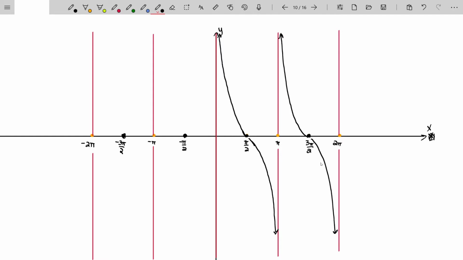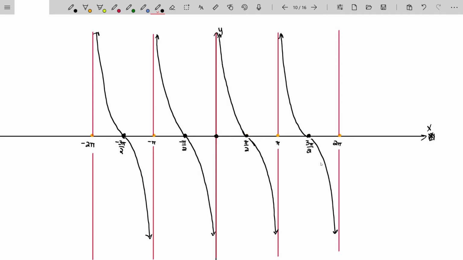And again, it is an odd function, so if you stuck a pin right here and rotated 180 degrees, you'd get the same picture back. There we go. So this is a graph of the cotangent, shifted from the tangent by pi over 2, and it is also upside down from the tangent.